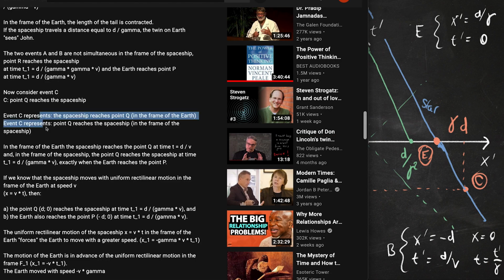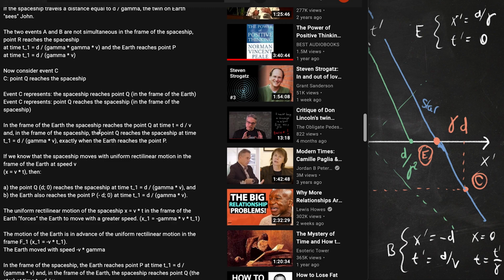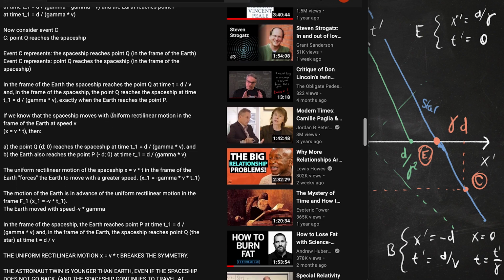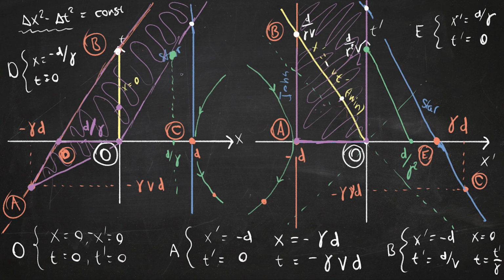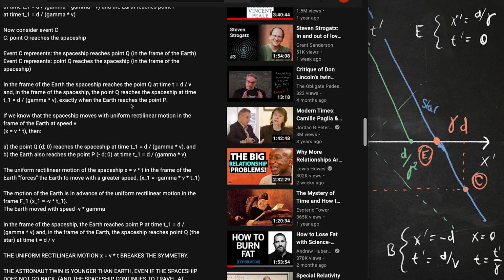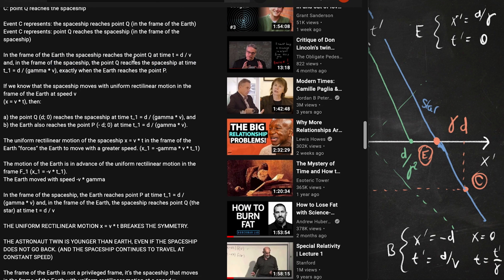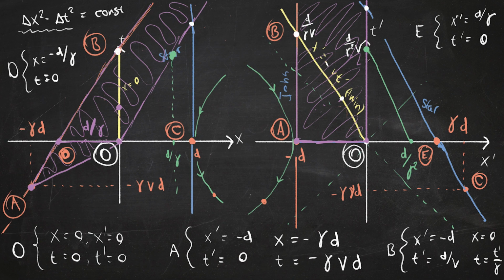And then you're saying in the frame of the Earth, the spaceship reaches point Q in time t equals d on v. Yeah, d divided by v, yep. So distance d divided by v, makes sense. And then in the frame of the spaceship, the point Q reaches the spaceship in a time t equals d on gamma v. Let's make sense of that.